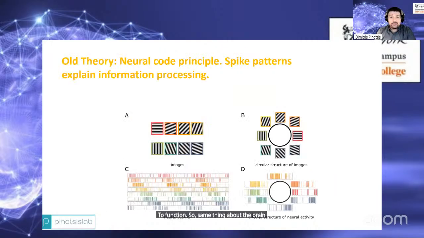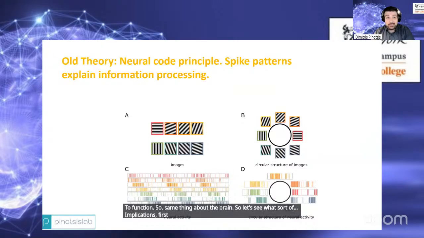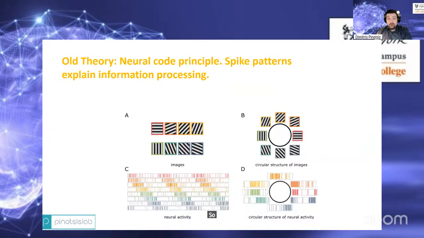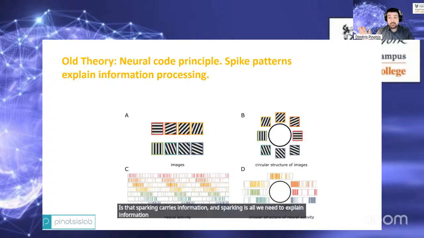So let's see what sort of implications this might have. What we know from the classical neural code principle is that spiking carries information, and spiking is all we need to explain information processing. In sensory areas, we have a very simple case.